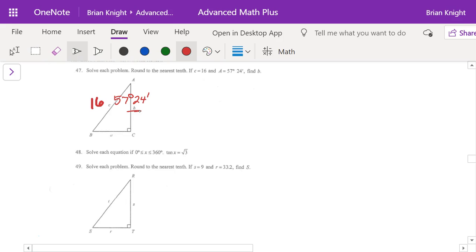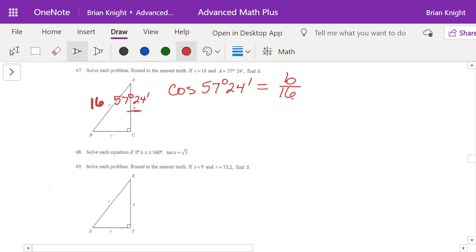Cosine is correct. We're looking for the adjacent, and they give us the hypotenuse. So the cosine of 57 degrees 24 minutes equals adjacent, which is B, over C, the hypotenuse, which is 16.